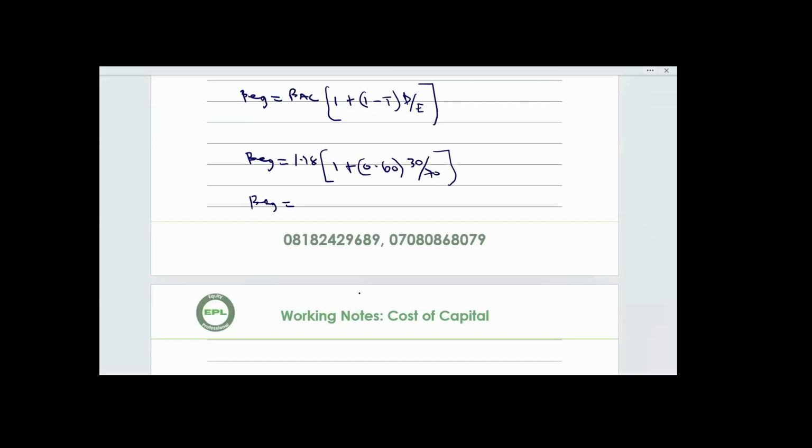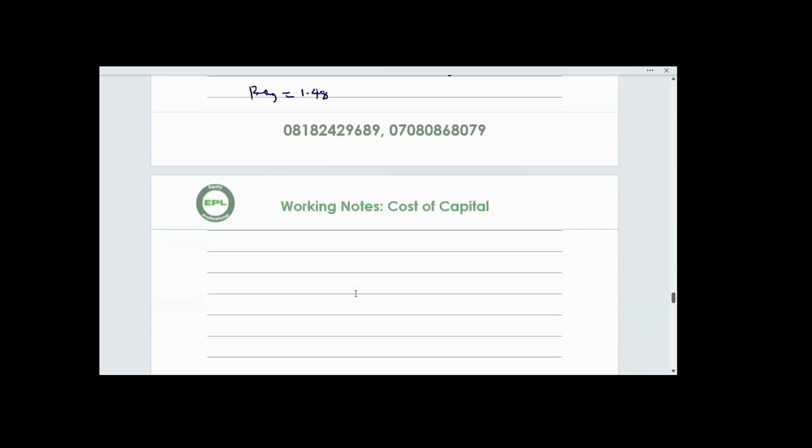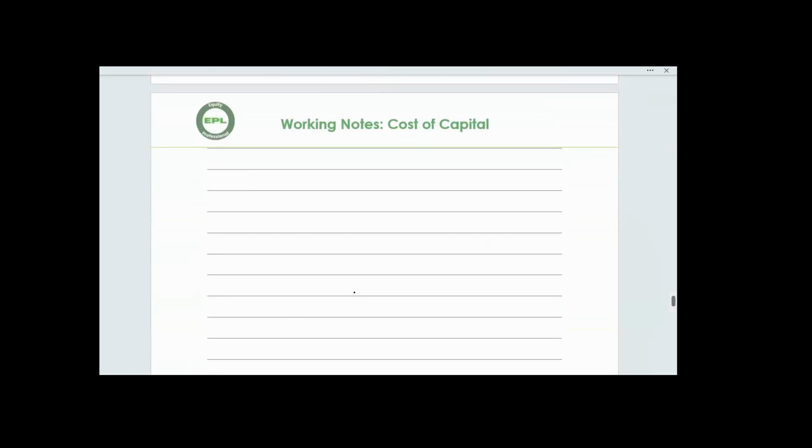So beta equity of a gear is 1.48. Then step 6, we calculate cost of equity using CAPM.